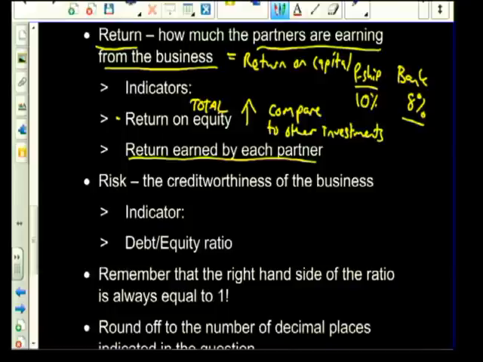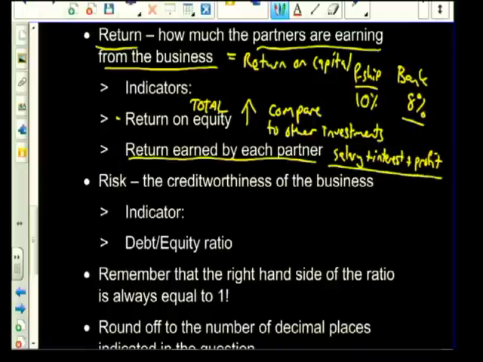So you would take the salary of the partner plus the interest on the capital plus the share of the net profit, and that is the partner's earnings, and you would divide that by the partner's investment. In other words, the capital and current account of the 2 partners. You would again interpret this the same way and see whether the partner is doing better or worse than they could have done by putting their money into the bank or investing it somewhere else.